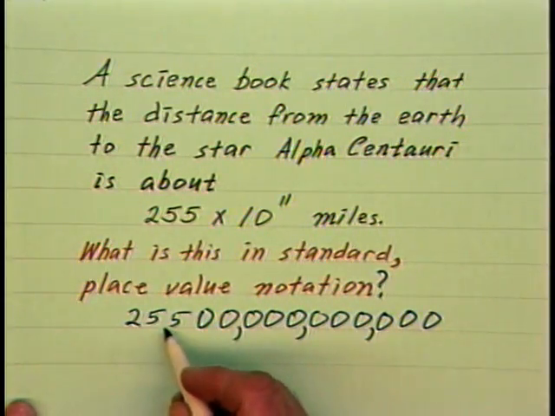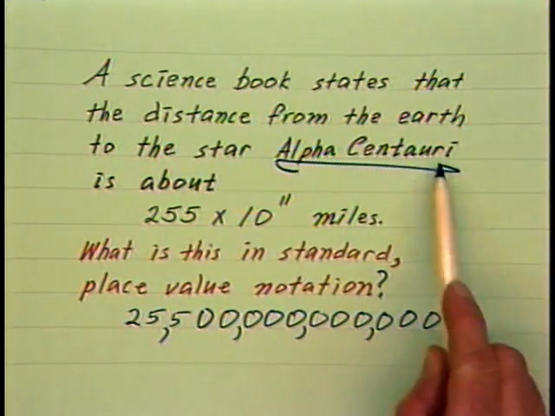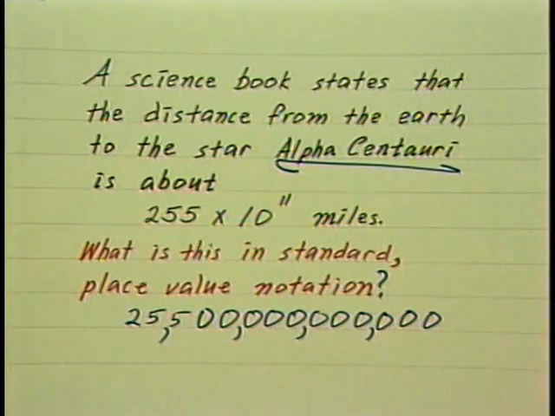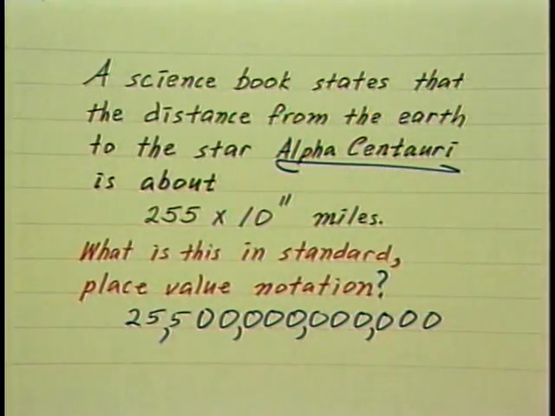And that's a distance from the Earth to the star Alpha Centauri, which, by the way, is the closest star next to the Sun. Let's see if we can read that. Units, thousands, millions, billions, so 25 trillion 500 billion miles from the Earth to the nearest star.